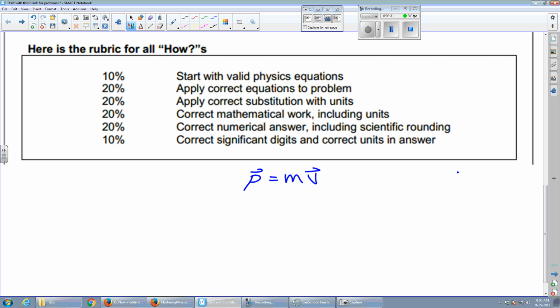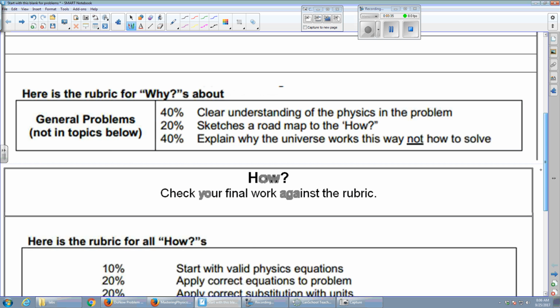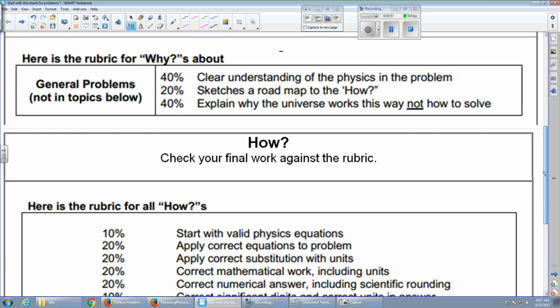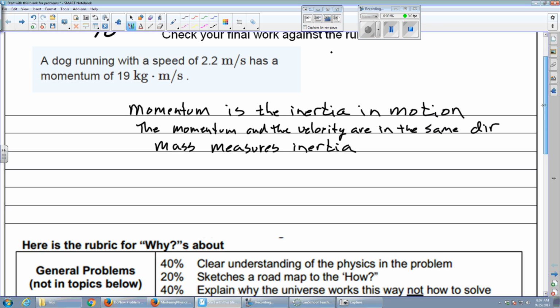And so I think I'm given the momentum. For me, 19 kilogram meters per second equals some inertia. And then they tell me the speed. I know that the speed doesn't have a direction, but I'm not going to worry about direction because the momentum and the velocity have the same direction.